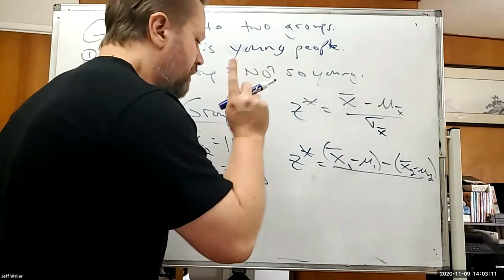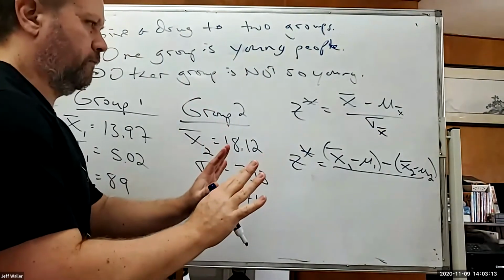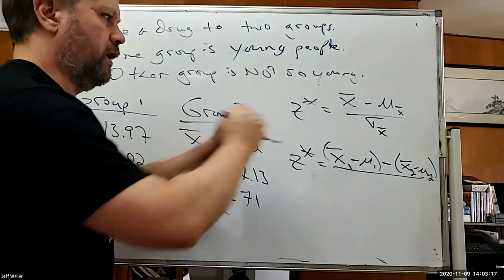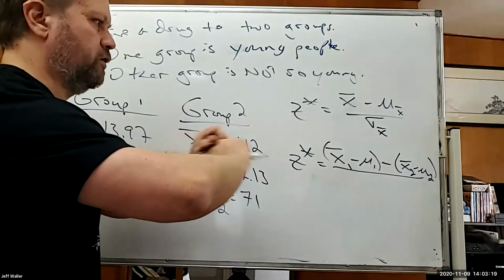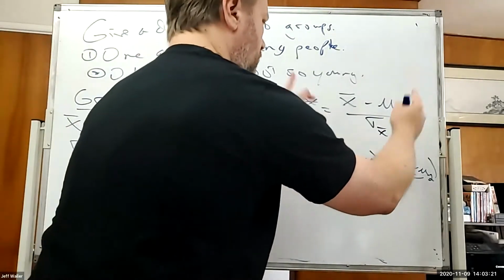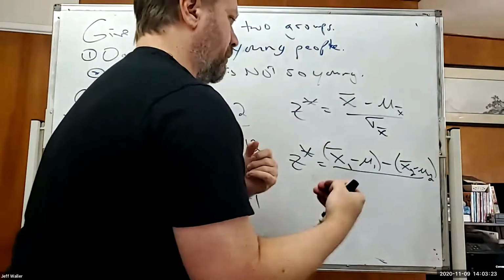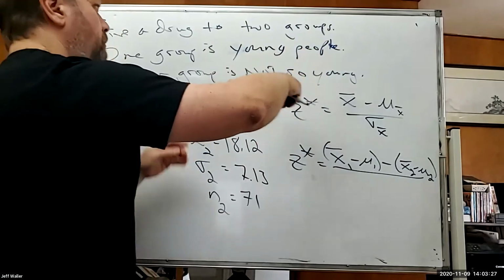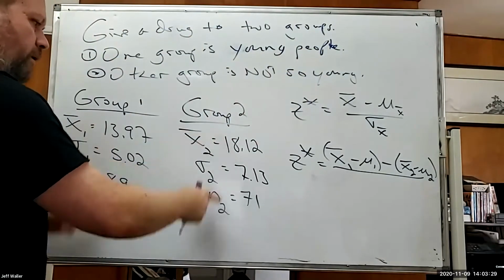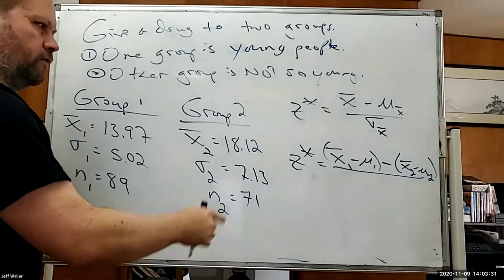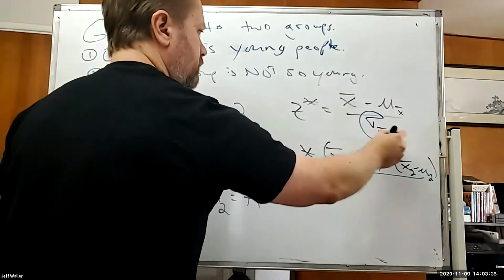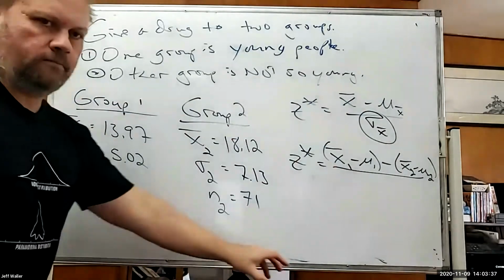I really want you guys to be with me on this. I just doubled everything on the top because there's two of everything. There's two samples and two populations those samples come from. One population here is younger people and the other population is older people. And these are the samples I took in my results. So what is going to happen to the bottom? That's going to be freaky.